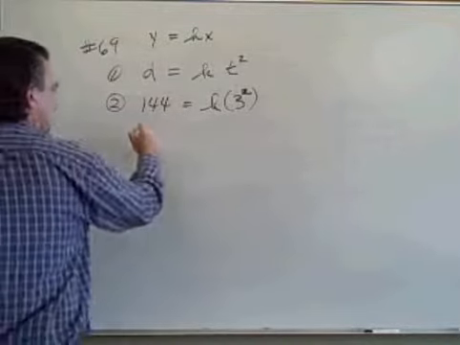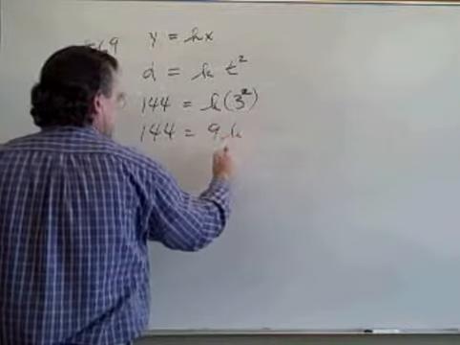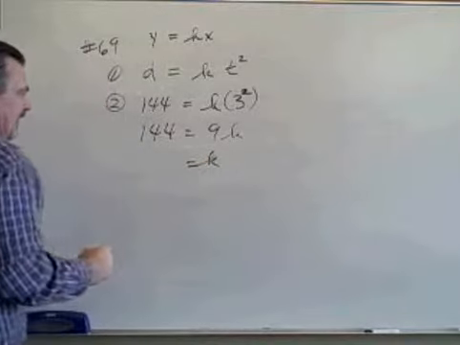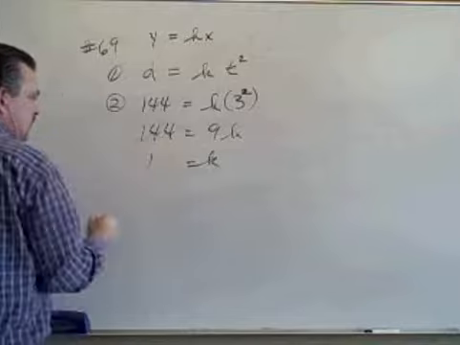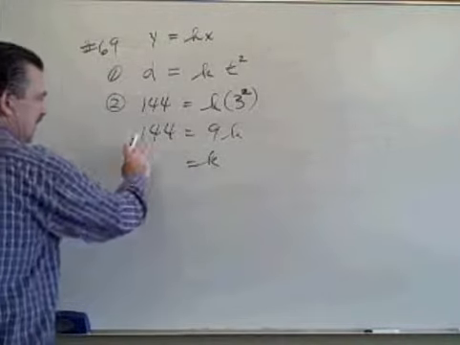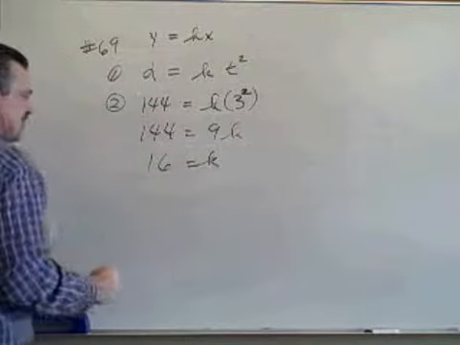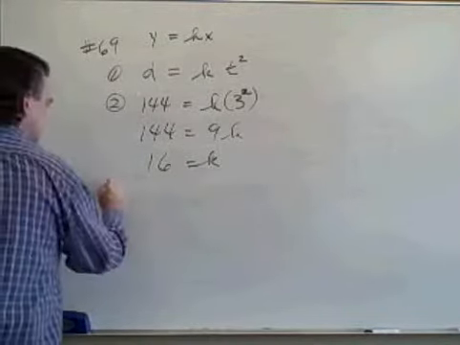And now I can find k. 144, 3 squared is 9, equals 9k. So k equals 144 divided by 9. 9 goes into 14 one time with a remainder of 5, so that's 54. 9 times 6 is 54. So our k value is 16.